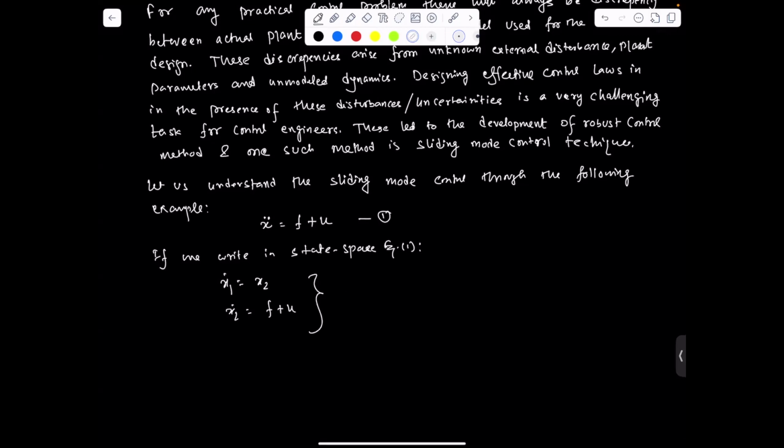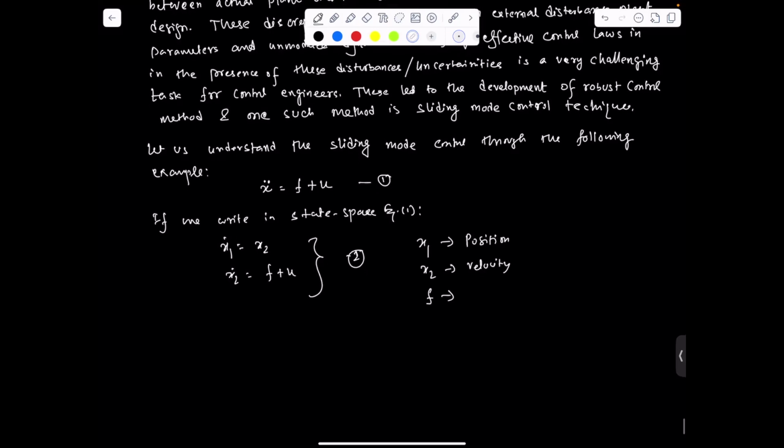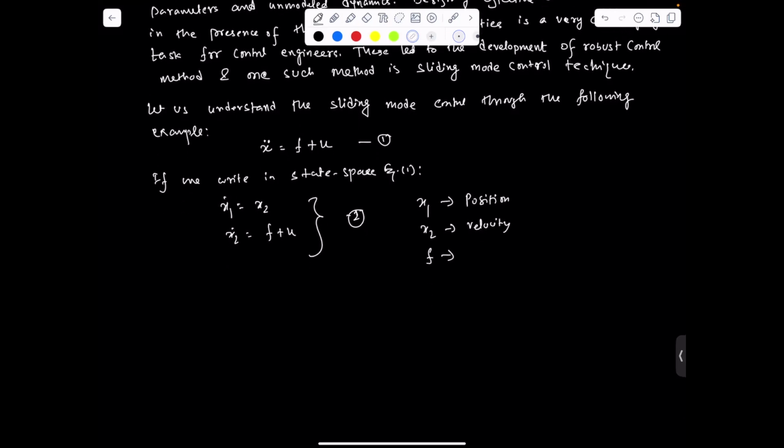So these are two equations, and here let us assume x1 is the position of a particle, and x2 is the velocity. And here f is disturbance or unknown forces.